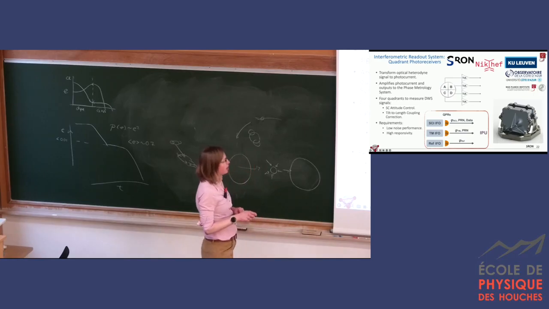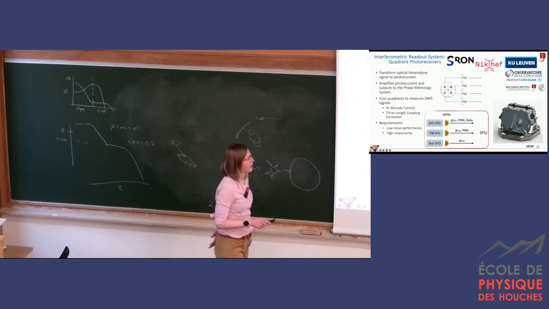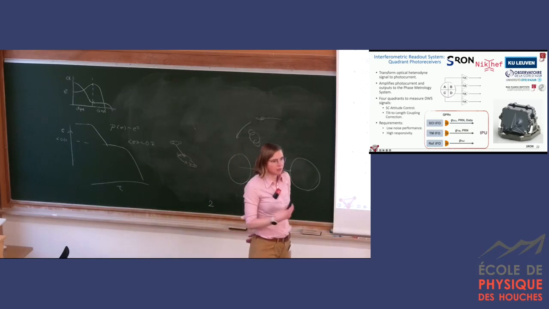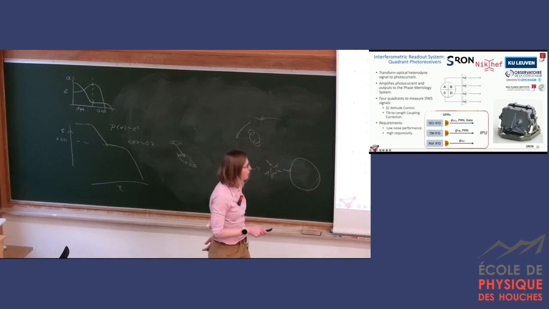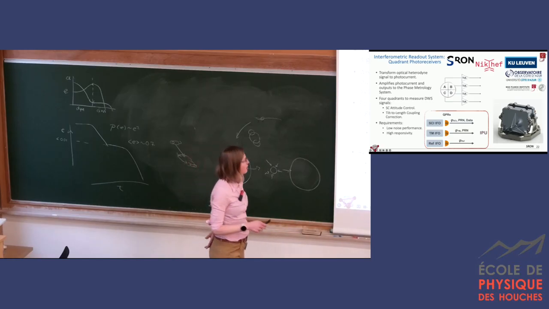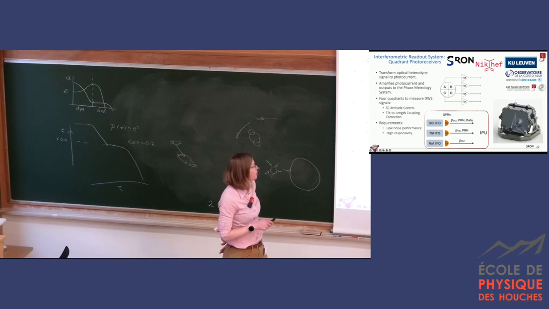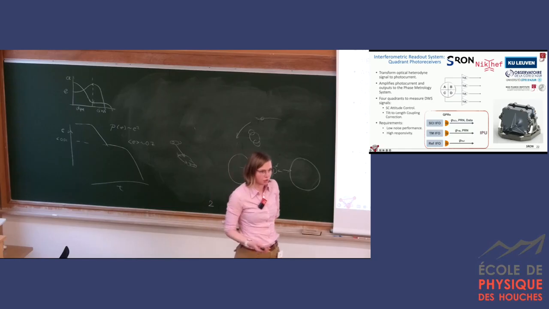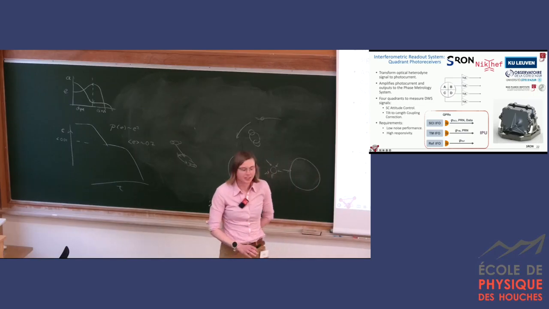So the QPR, the quadrant photoreceiver, transfers the optical beat note into electrical photocurrent. Then it takes the electrical photocurrent, amplifies it, transforms it into voltage, and sends it to the phase meter to extract the data. Why quadrant photoreceivers? Because we want to measure DWS signal to support the DFACS, so spacecraft attitude control, which Henri mentioned in his talk a little bit.